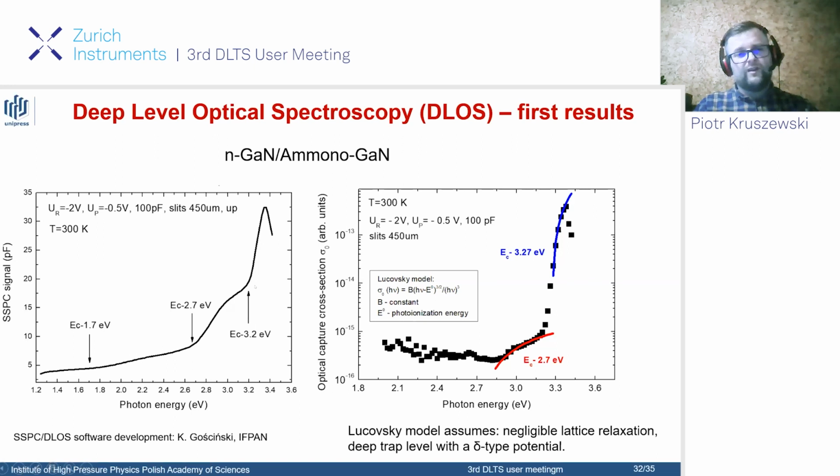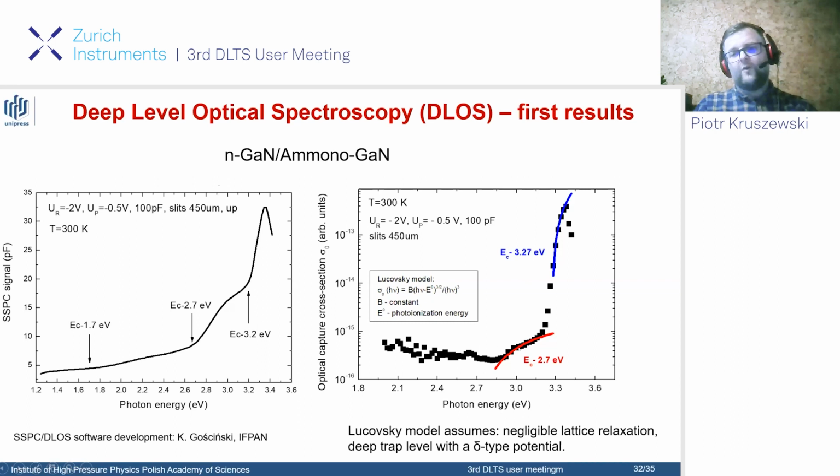Because here in SSPC you cannot easily get the exact position of the level. In the case of optical capture cross sections, this can be done because you fit some theoretical models, and from these models you can obtain the position of the trap levels.